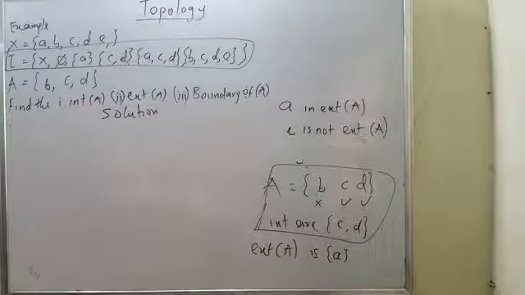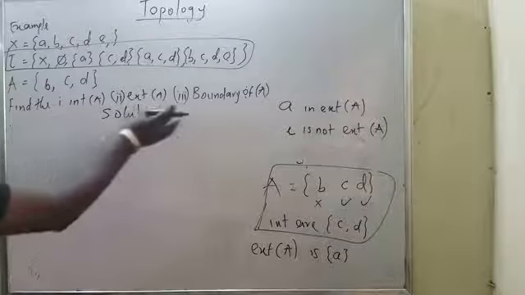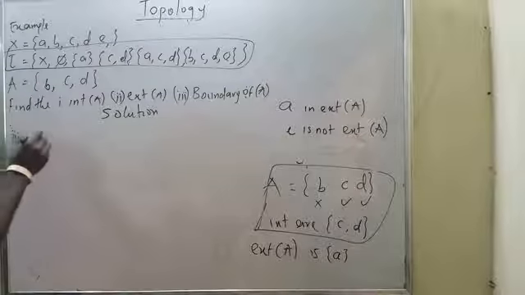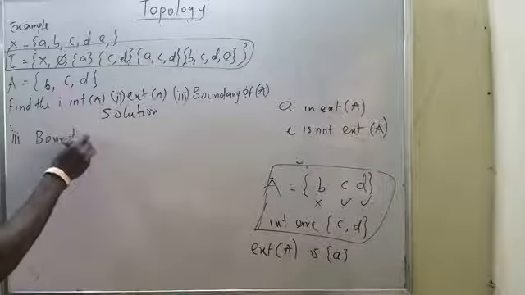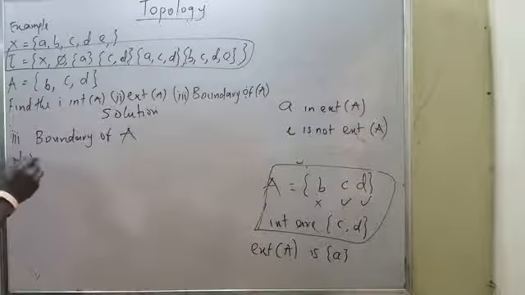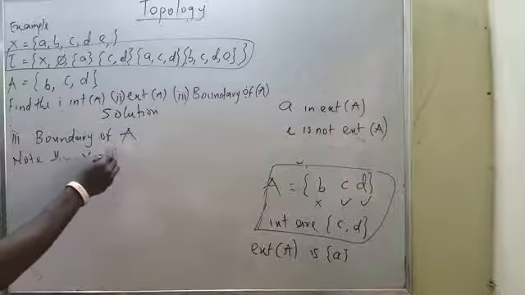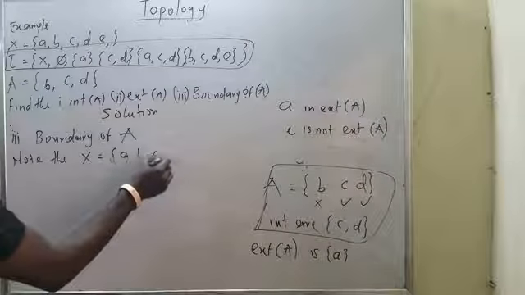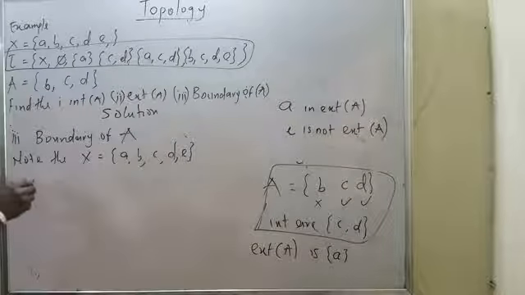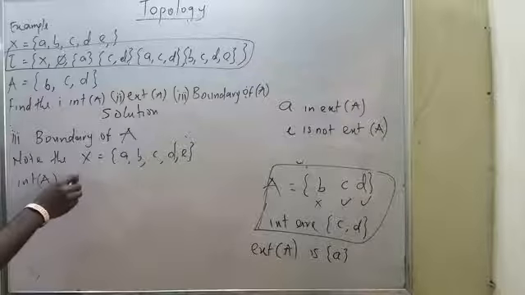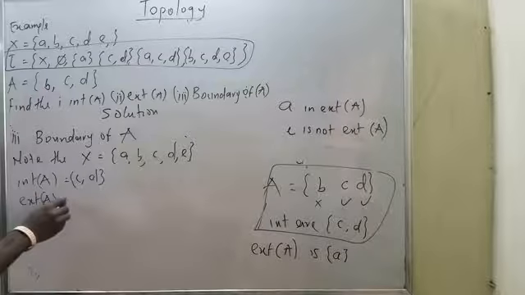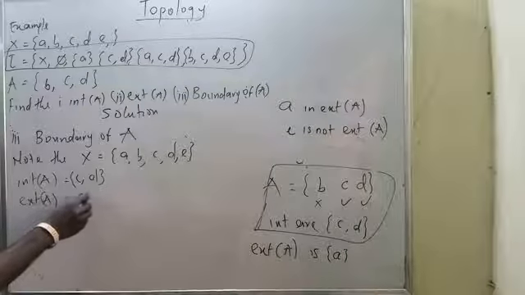Now the last of the thing is the boundary, which is the third one. Now, how do I go for my boundary? Boundary of A. It means note that X is equal to A, B, C, D, E. That is my A. Now, interior of that A is CD, and exterior of A is only set A, singleton set.